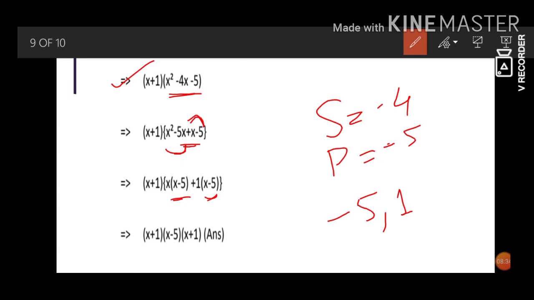Taking x minus 5 common from the bracket, we get x minus 5 into x plus 1, along with the factor x plus 1 that we have already found. So these are the factors of the polynomial x cube minus 3x square minus 9x minus 5.